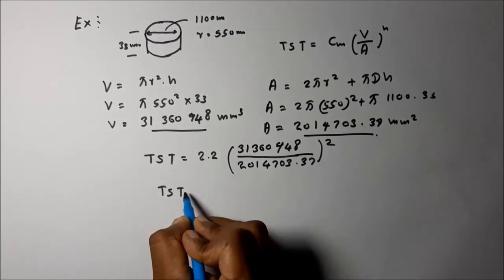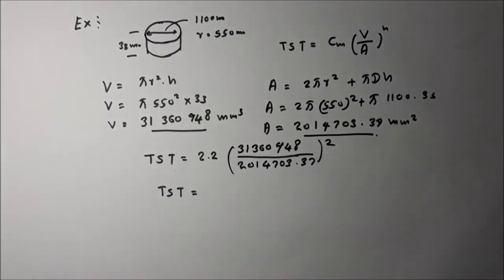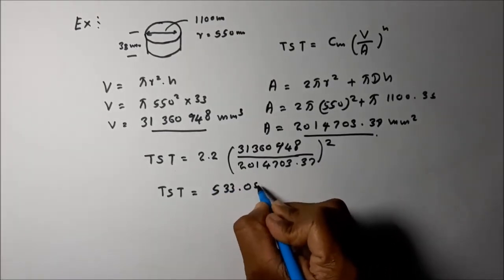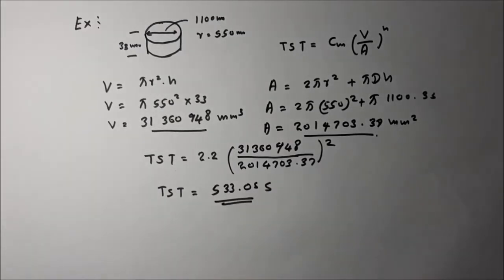Total solidification time we can calculate. That is equal to 533.06 seconds. This is how we are calculating the total solidification time in metal casting operations.